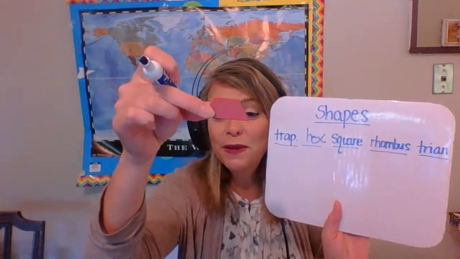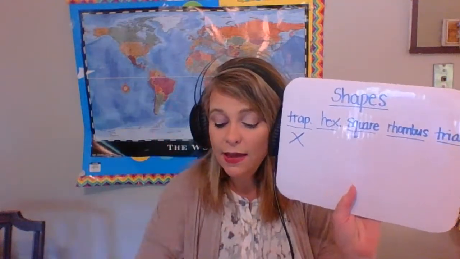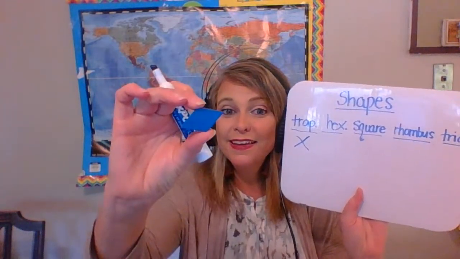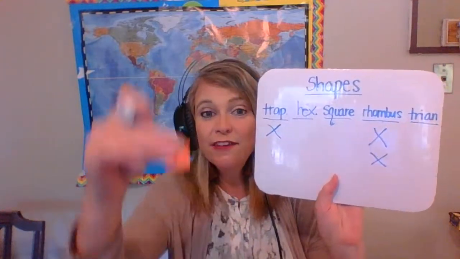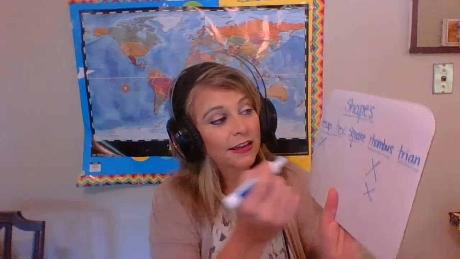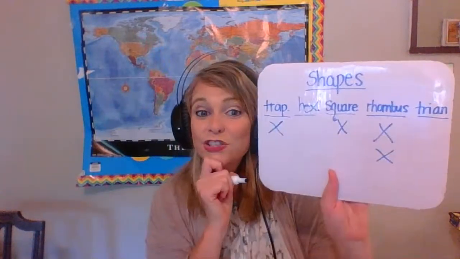So I'm going to start out with this shape. This one would be my trapezoid. I'm going to make an X under my trapezoid. I've got one. Okay. And then I've got this shape. One under my rhombus. I've got another one of these, so I'll put another X under my rhombus. Okay, I've got one of these under my square.